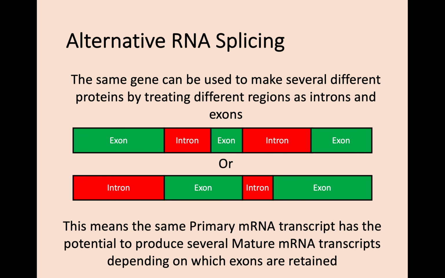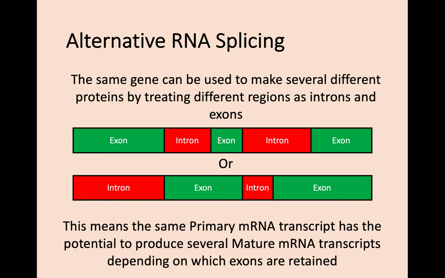One thing to keep in mind though is that the same gene, the same row of genetic information, can be used to make several different proteins, because if you treat a different region as an intron or an exon, that means that there's the potential to have different mature mRNA transcripts depending on what you splice. So for example, in this top row here, this is one we looked at already, but similarly, it could be the second row.